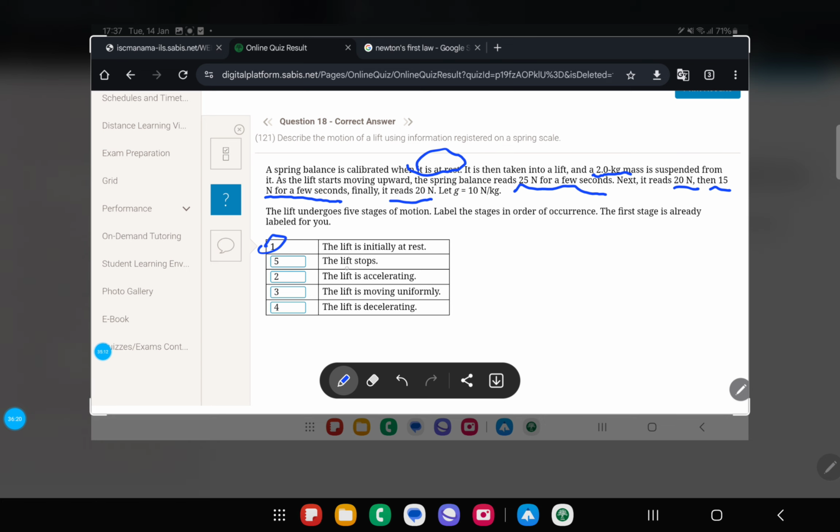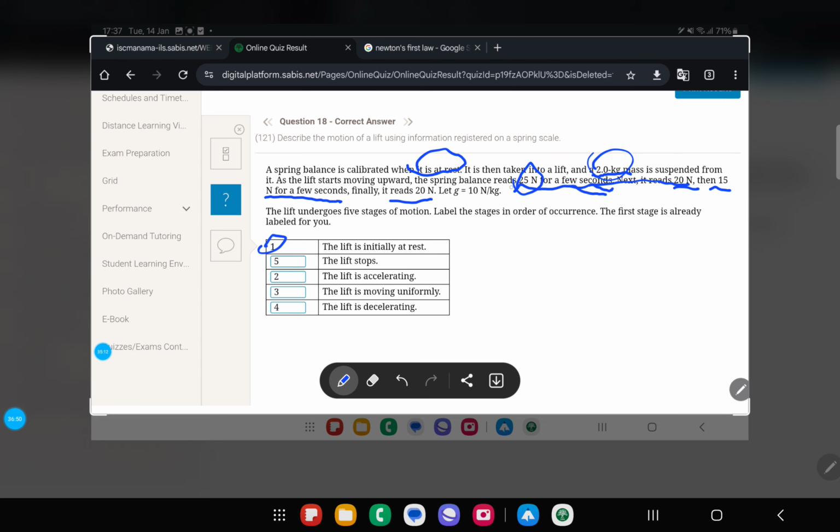Step 2 is the lift is accelerating. Okay, now when we drop the 20 kilogram mass from the spring balance, the lift starts moving upward. So it reads 25 newtons for a few seconds. Then it reads 20 Newton.